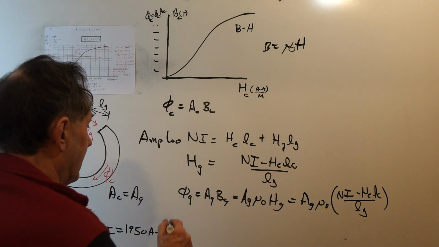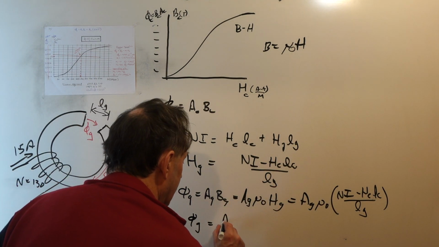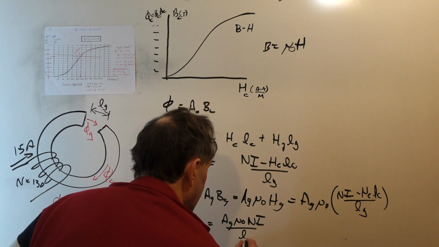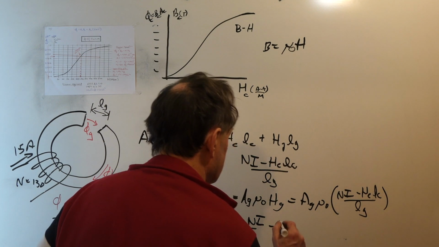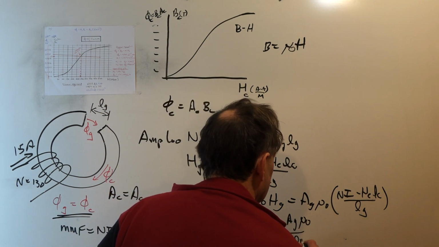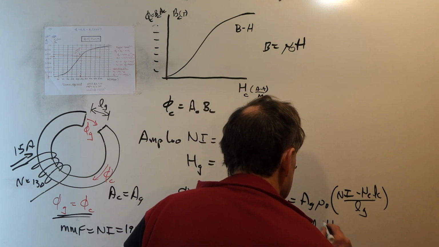Now, let's multiply this out. We got phi in the gap is equal to Ag mu zero Ni over the length of the gap, minus Ag mu zero over length of the gap times LC HC.